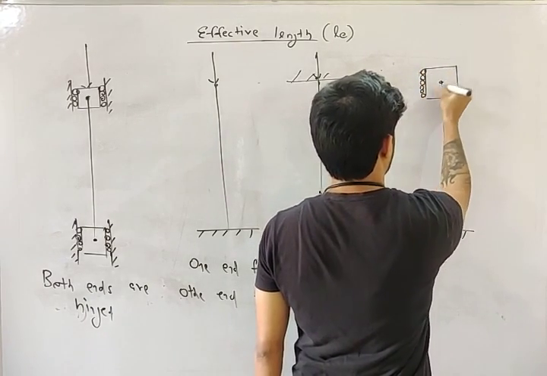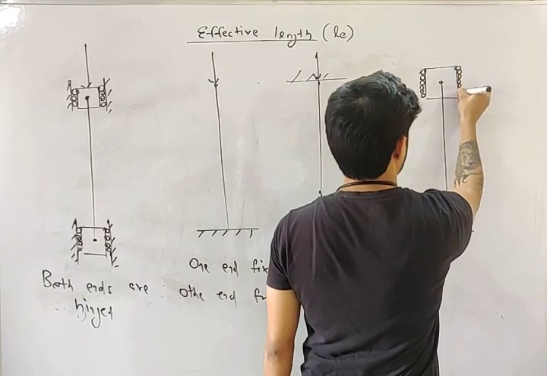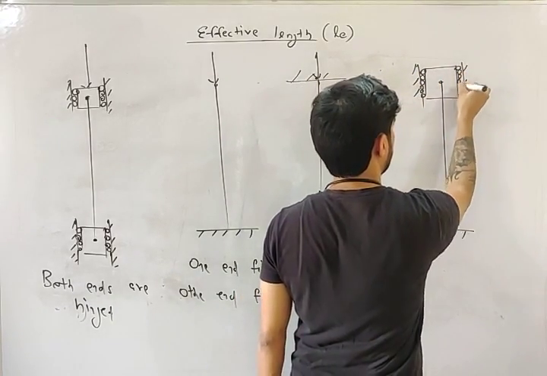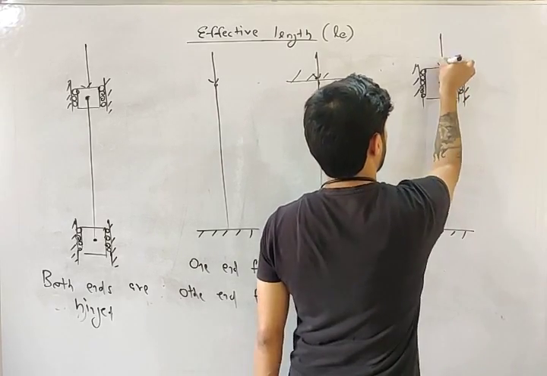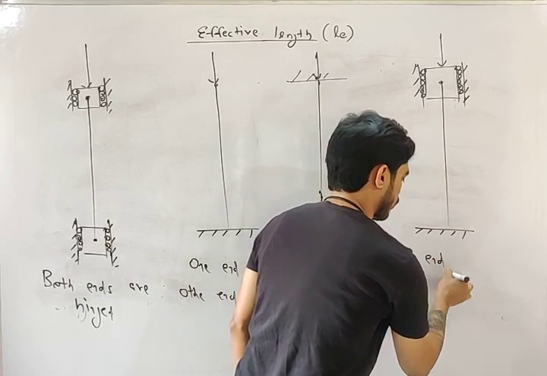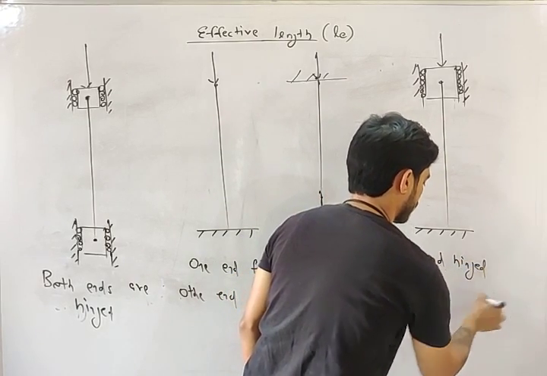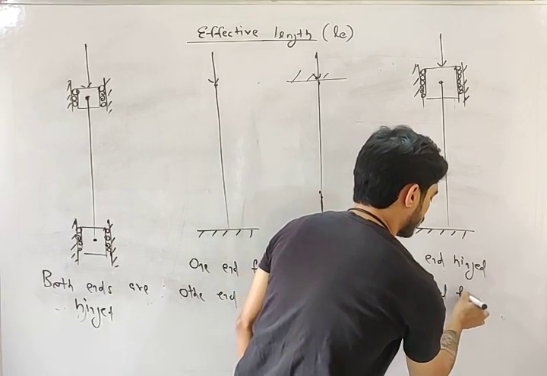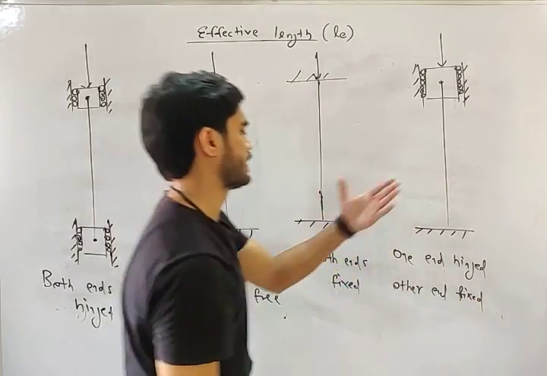Again, a double guided roller acts like a hinge. So in this case, one end hinged, other end fixed. Okay, so do you understand?